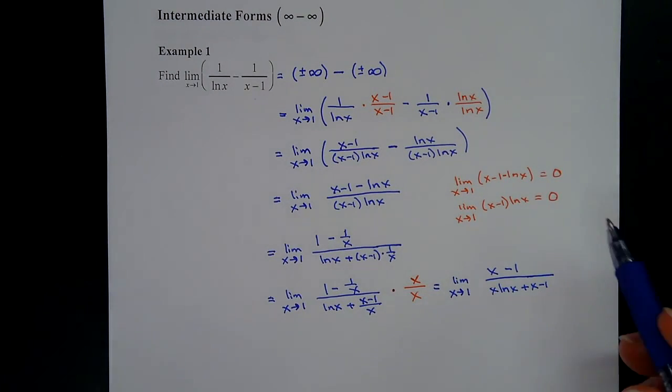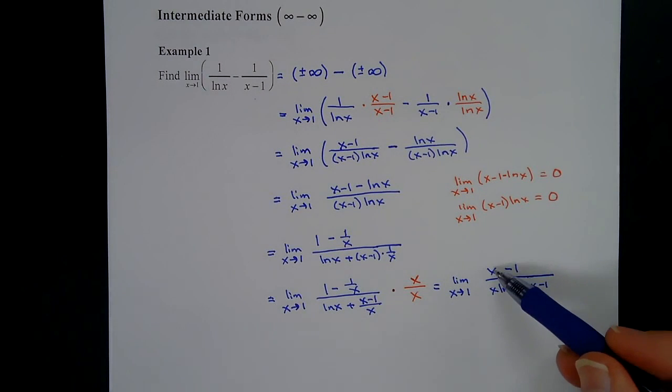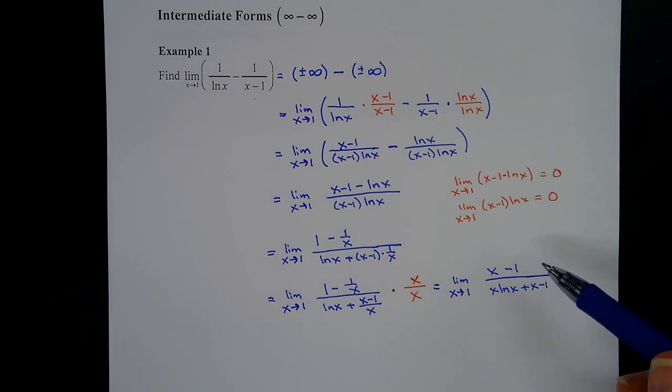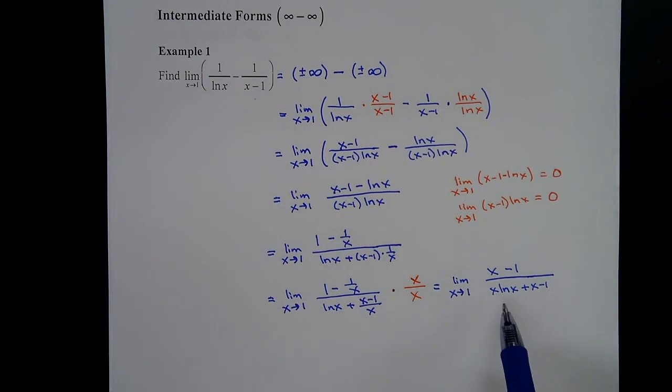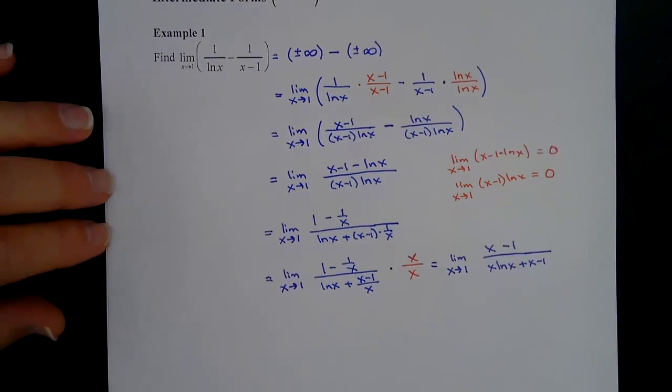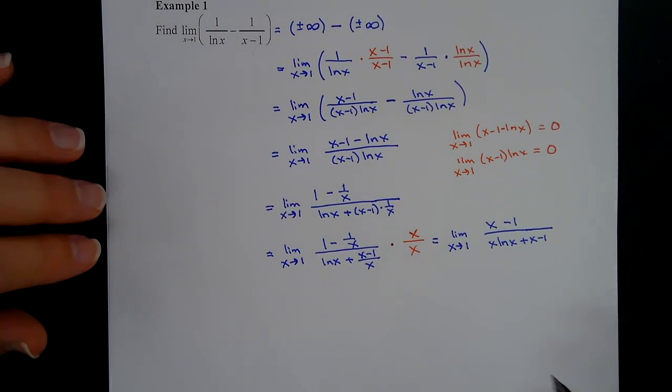And let's see what happens. If we try direct substitution, we're going to get 1 minus 1 in the top, which would be 0, and this would be 1 times 0. So we're going to get 0 over 0 again. So this is an example where you got to apply L'Hopital's rule again.